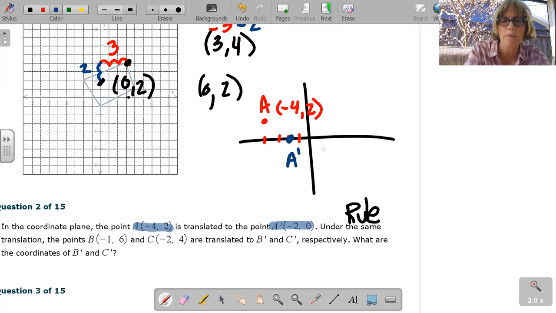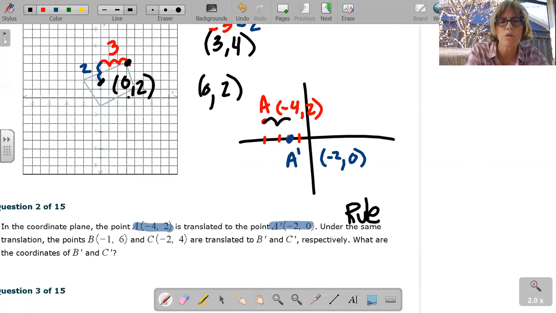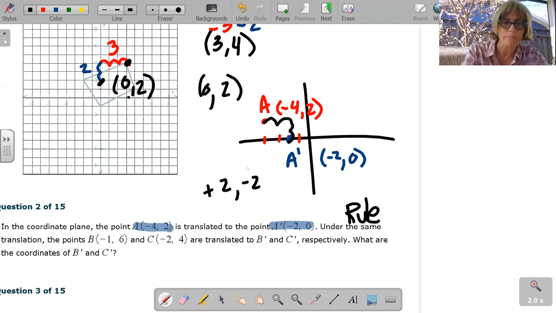That's A prime, negative 2, comma 0. So you ask yourself, what was the motion? The motion here was 2 units to the right and 2 units down. So the motion was add 2 to the x, minus 2 from the y.